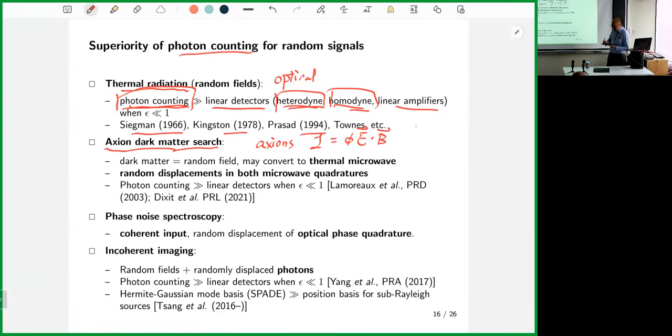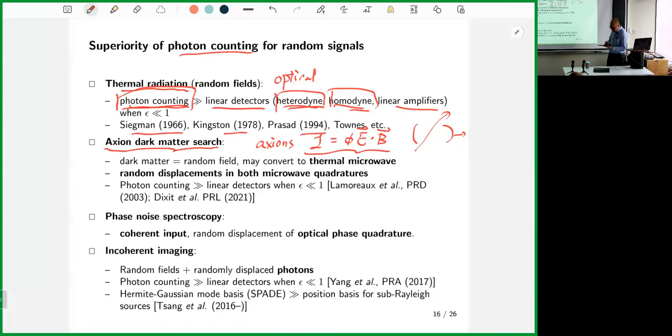So what they do is that they have a microwave cavity at cryogenic temperature. They apply a very strong static magnetic field and hope that through this interaction Lagrangian, the axions, the dark matter, will be converted into microwave photons. And if you detect some microwave photons, then of course you do some characterization, and hopefully you can claim that this is dark matter or axions.